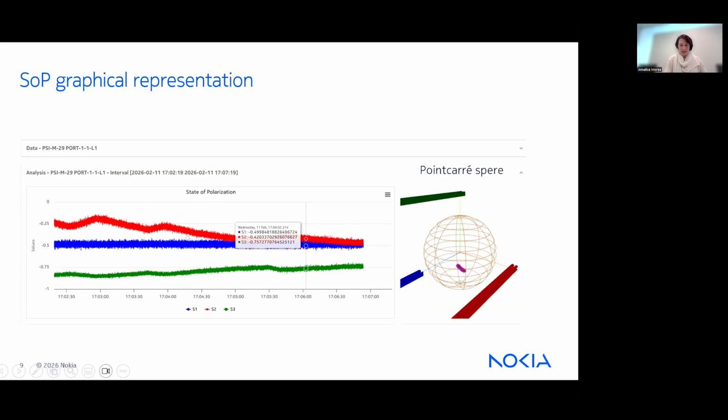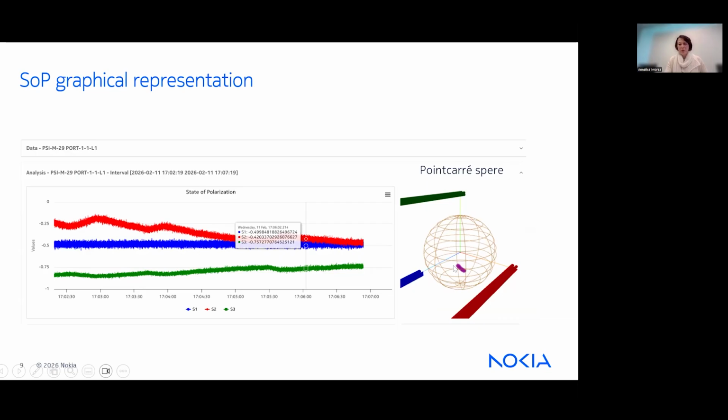Here there is the plot of these three Stokes parameters, but it is also possible to represent these Stokes parameters by this Poincaré sphere, where the 3D parameters are represented, and the coordinates of these 3 points are reported here onto a part of the surface of the sphere.